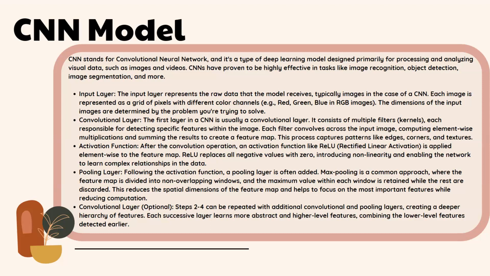The second layer is the convolutional layer, which contains the filters that help in feature extraction for an image, such as textures, edges, and corners. Next is the activation function embedded in the convolution layer, which is ReLU; it works on positive data and makes negative data all zero.